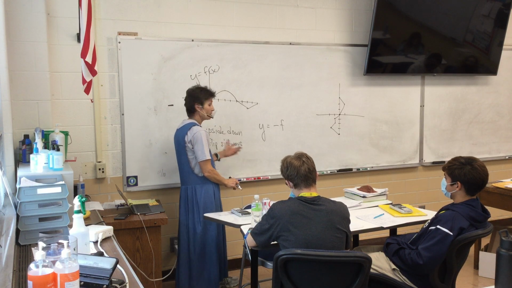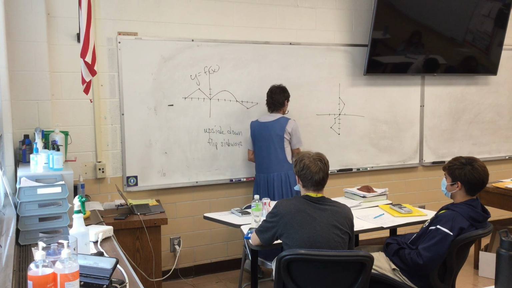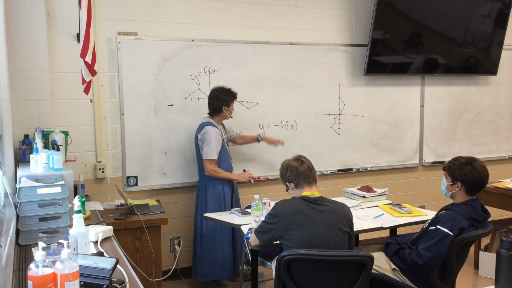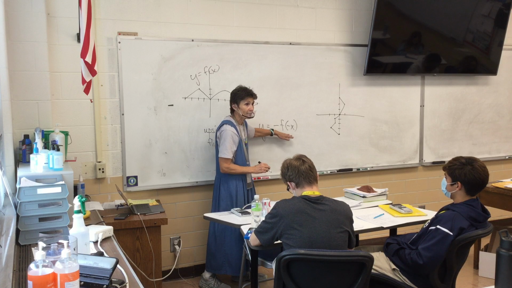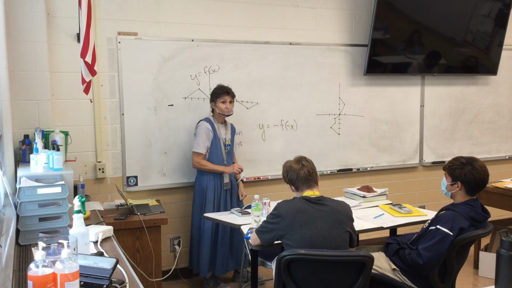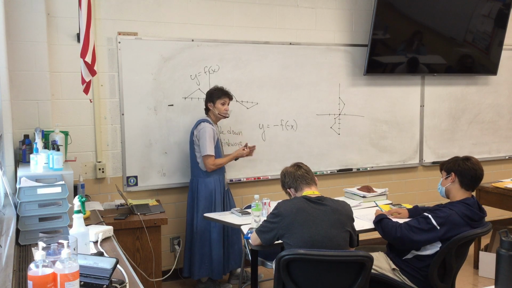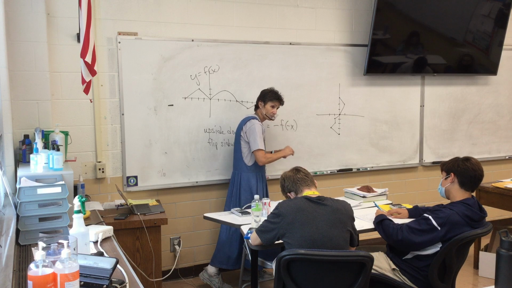Now, how do I make it flip sideways? A negative on the x, so my parentheses and negative x. Won't that equation right there flip me sideways and flip me upside down? And that's what I wanted to have happen in my picture. Practice test 1, done.